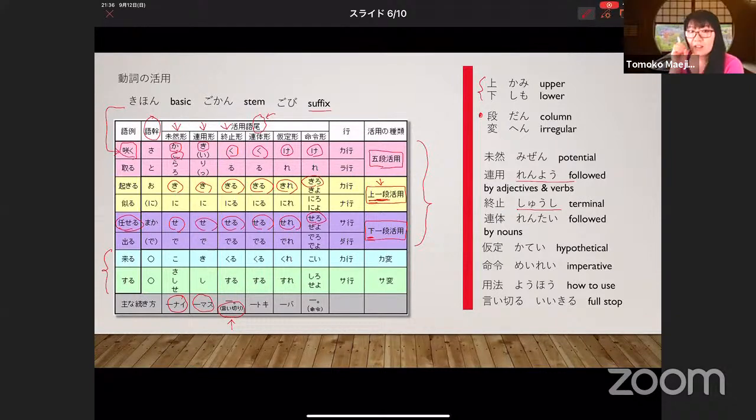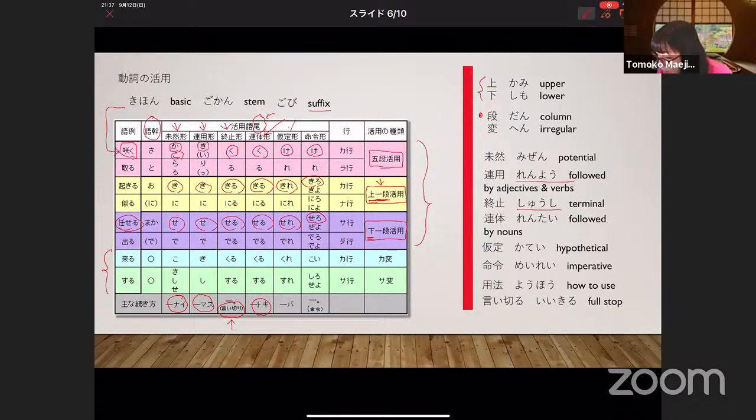Iu is to say, kiru is to cut. So you end the sentence. This one, rentai, you conjugate with a noun. Typically, we use toki or koto sometimes.